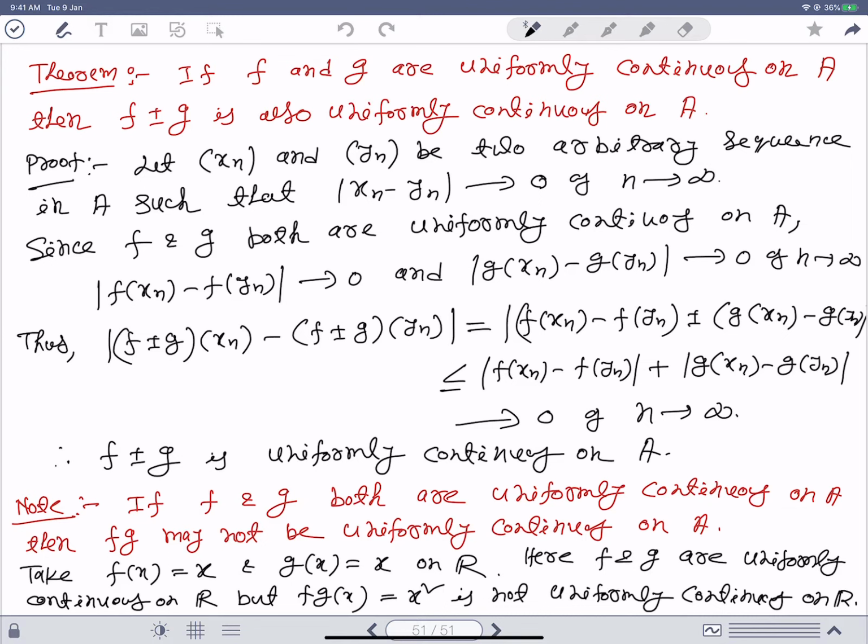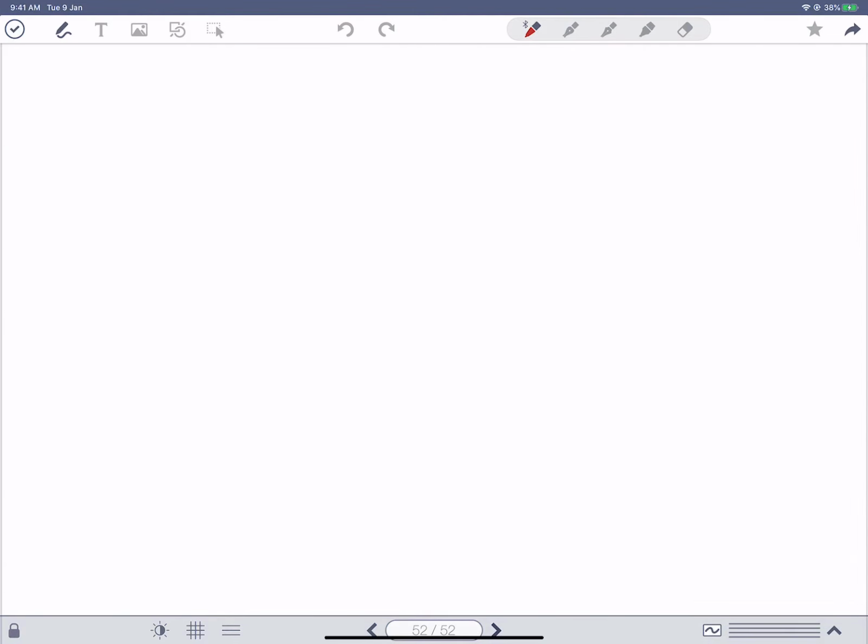Okay? There is another interesting property of uniformly continuous functions: a uniformly continuous function sends a Cauchy sequence to a Cauchy sequence.